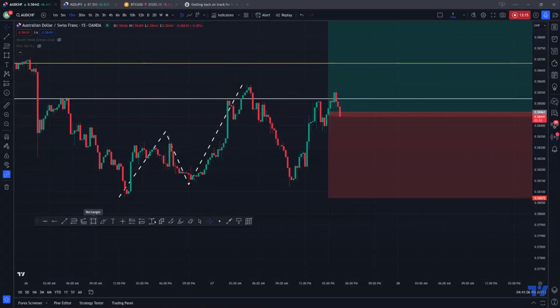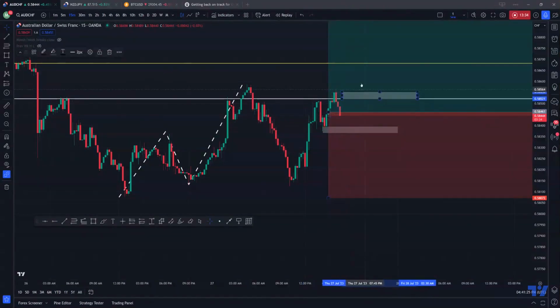Hold on one second. So we have these lows on the 15 minutes. This is a valid low. Why? Because it has a valid high, right? So now we have this area.